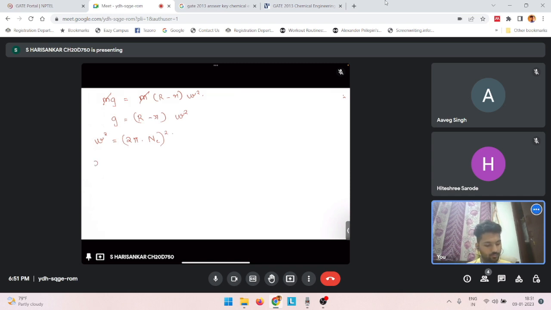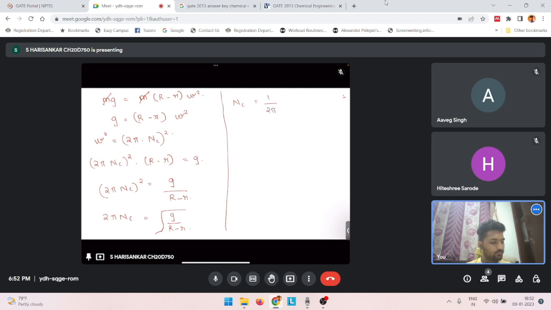So (2 pi Nc) the whole square into (R minus r) will be equal to g. If we rearrange it, (2 pi Nc) the whole square is equal to g by (R minus r), or 2 pi Nc is equal to root of g by (R minus r). Just one more rearrangement, we can write Nc is equal to 1 by 2 pi root of g by (R minus r).